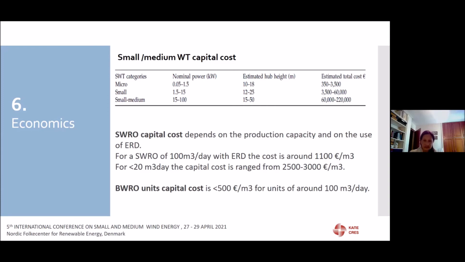I should mention that the energy recovery devices are not available for all capacities, so you have to design your system so that it's possible to have an energy recovery device. So for brackish water RO units, the capital cost is less than 500 euros per cubic meter for units of about 100 cubic meters per day.